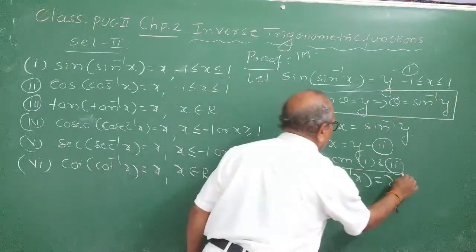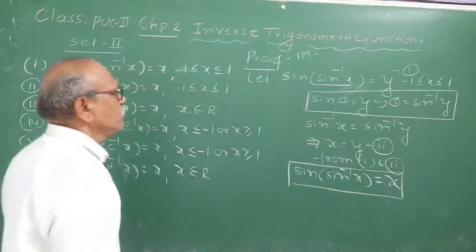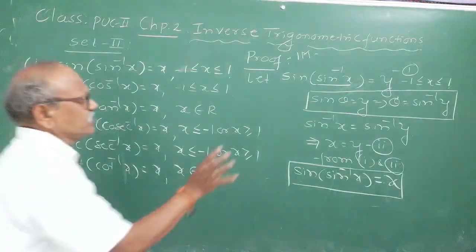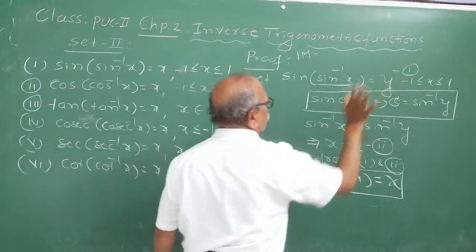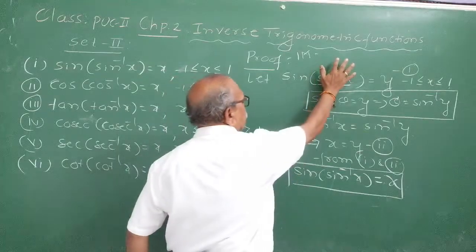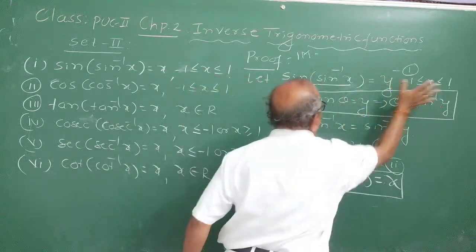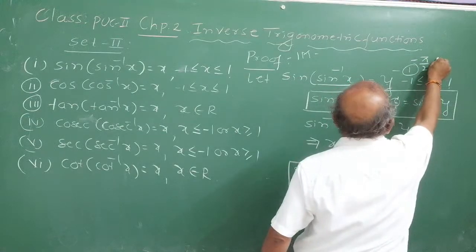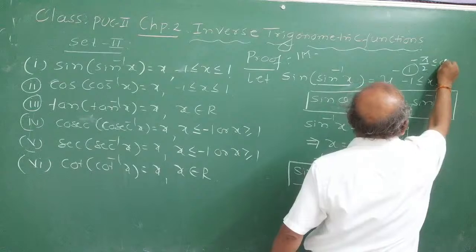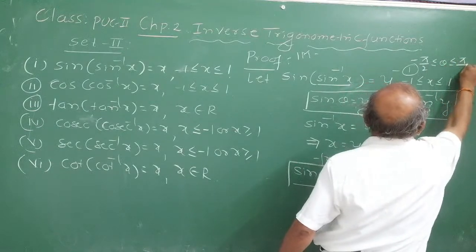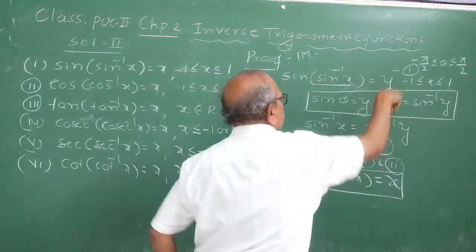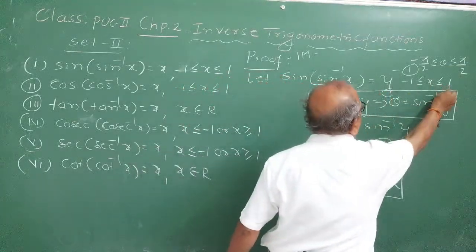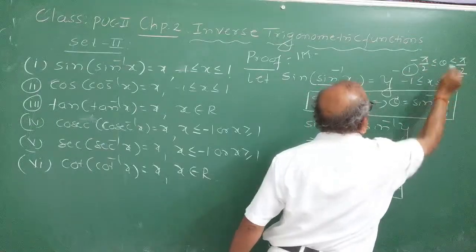I hope you understood, my dear students. You can prove it very easily. First of all, you assume that this is y. We don't know what it is. But we know the definition: if this restriction holds good and theta lies between minus pi by 2 is less than or equal to theta, theta is less than or equal to pi by 2, if these two conditions are satisfied. When x lies between minus 1 and plus 1, theta should lie between minus pi by 2 and plus pi by 2.